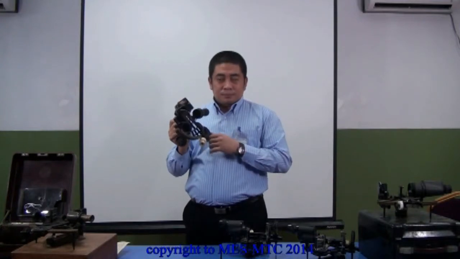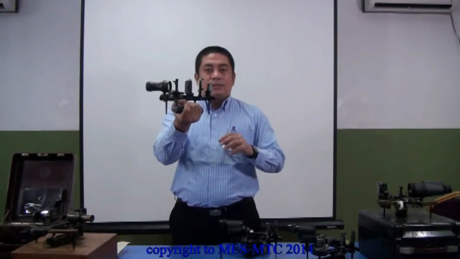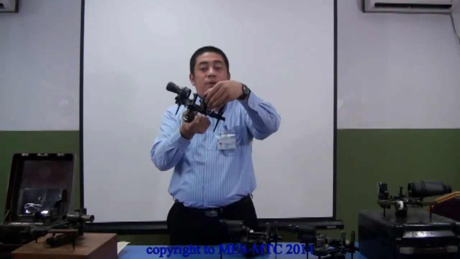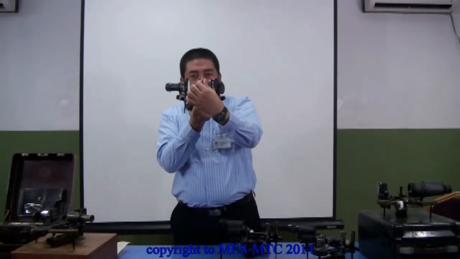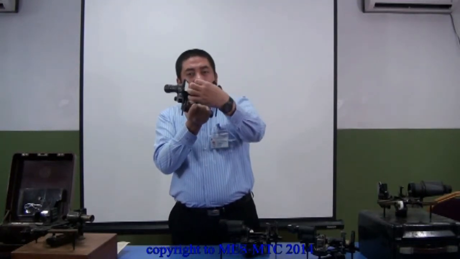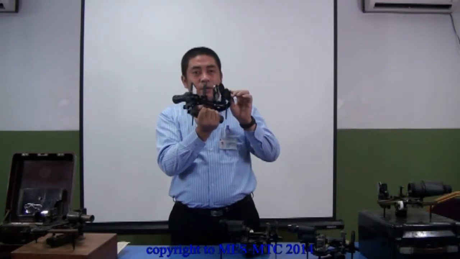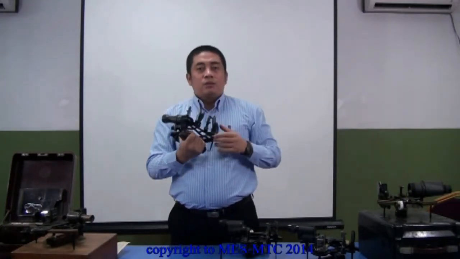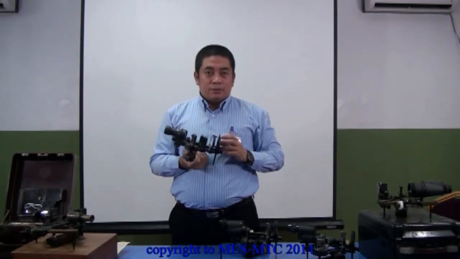The other one is prismatic error. Prismatic error means the sextant is composed of many mirrors, and if the surfaces of the mirror are not parallel to each other, there will be additional reflection in between the mirror. So this error also we cannot adjust. It is called prismatic error.